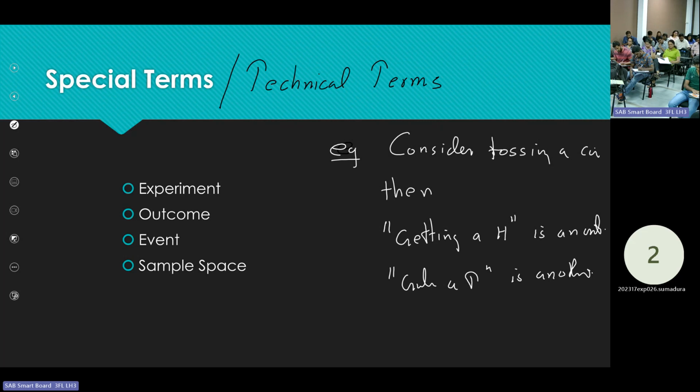Getting a tail is another outcome. So it has 2 outcomes.